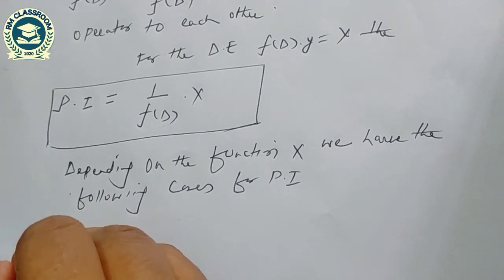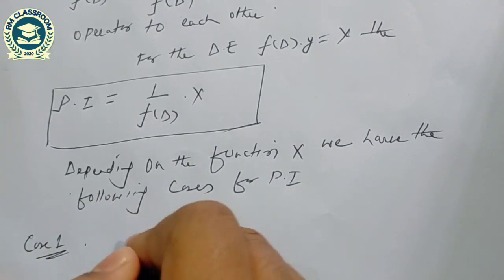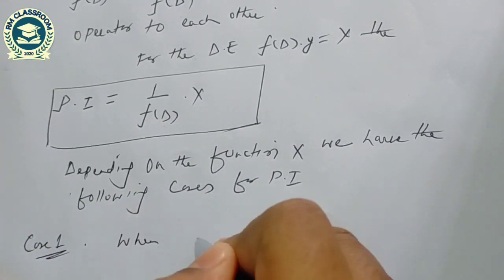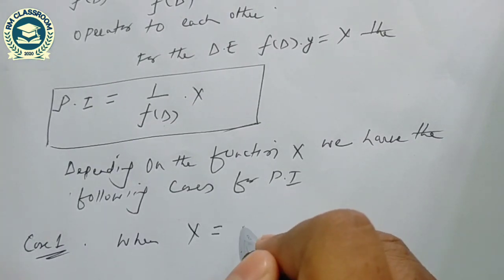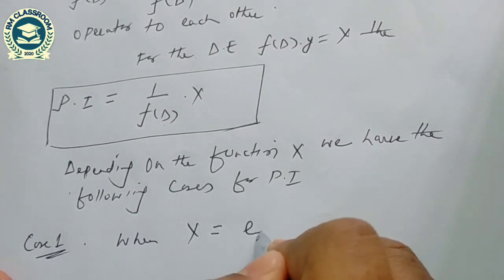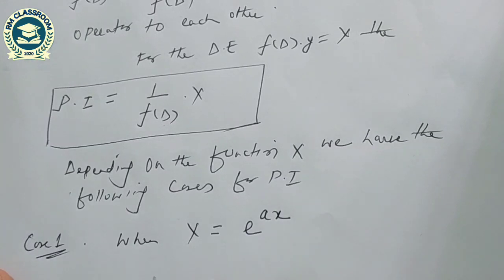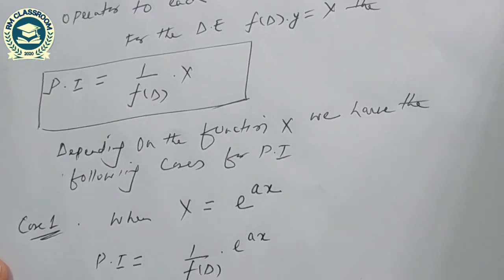So case first, when X is equal to an exponential function e to the power ax, then the particular integral PI is equal to 1 by f(D) into e to the power ax.